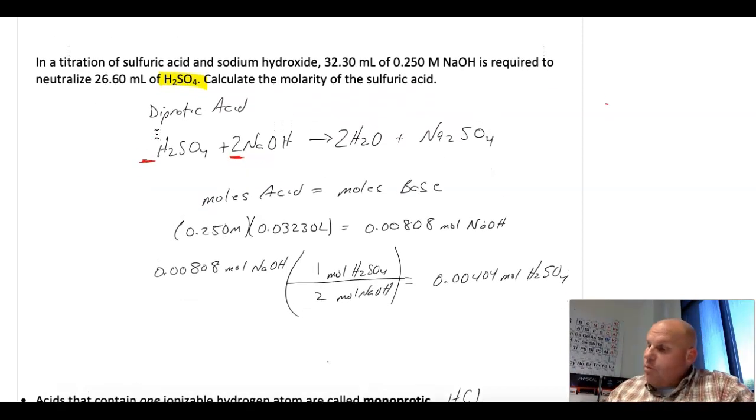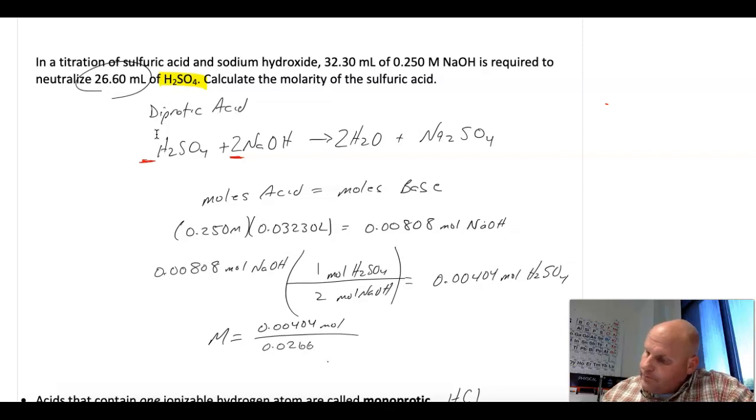Now that I know moles of acid, and the problem told me I had 26.60 mL of acid, I can now calculate my concentration. So I have my moles divided by the volume, and I get a concentration here of 0.152 molar.